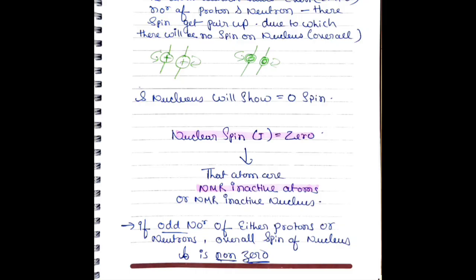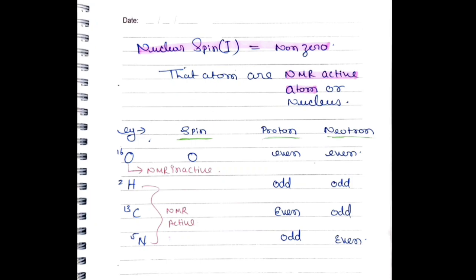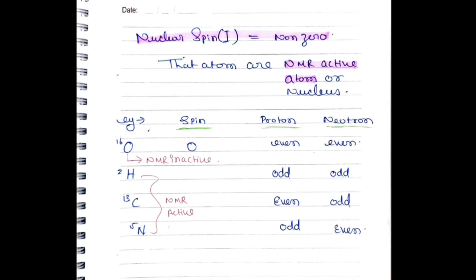The spin of the nucleus has some value, not 0, and that atom is known as an NMR active atom. What is an NMR active atom? The atoms which have nuclear spin not equal to zero.